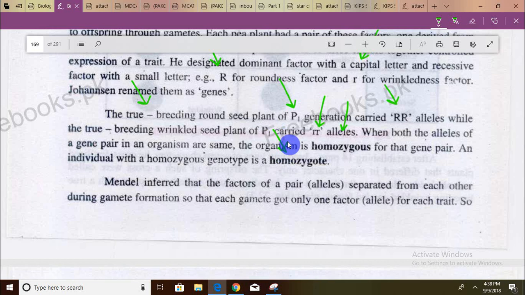Mendel inferred that the factors of a pair separate from each other during gamete formation, so that each gamete got only one factor for each trait. So element was gene and factor was allele.